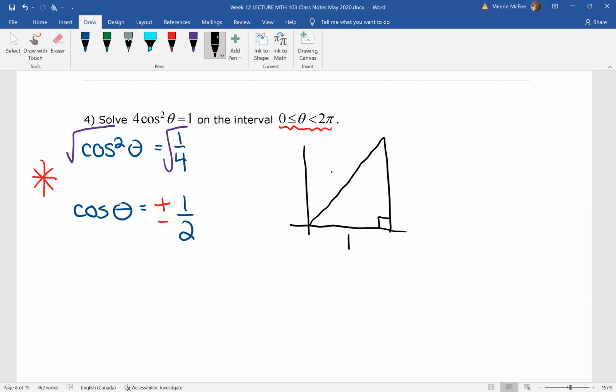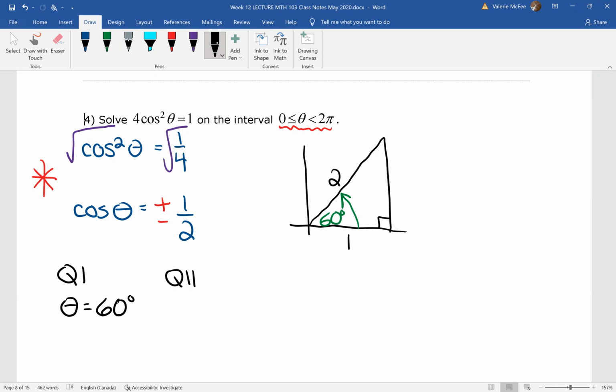Cosine is x over r. We need to find our reference angle, which is, of course, from the positive x-axis to the hypotenuse. I hope you know that it's 60 degrees. If you've memorized that point on the unit circle, you should have had that as well. So we know that we have a quadrant 1 answer. In quadrant 1, theta is going to equal 60 degrees. What happens in quadrant 2?